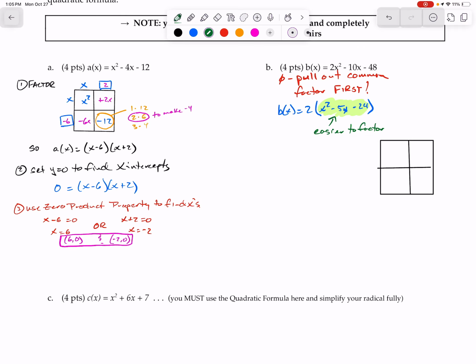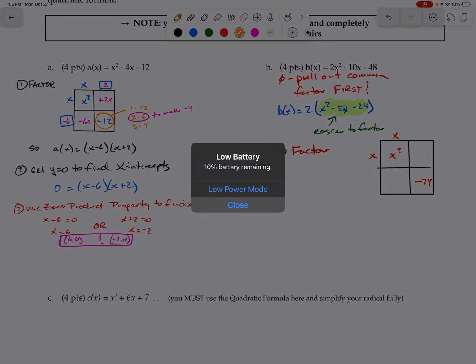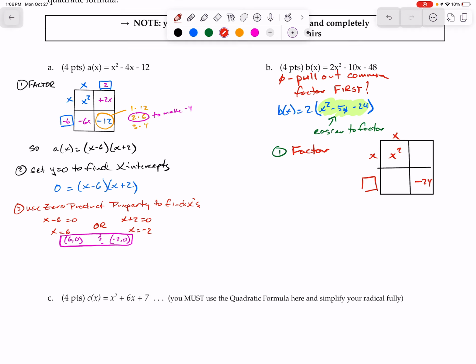Okay, next step, factor. So I know it's got to be x and x to make x squared. And since it's got to be minus 24, we don't know what those two are, but we do know that factors of 24 would be 1 times 24, 2 times 12, 3 times 8, or 4 times 6.